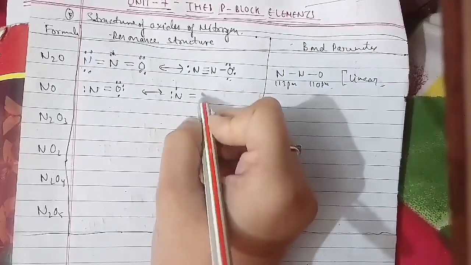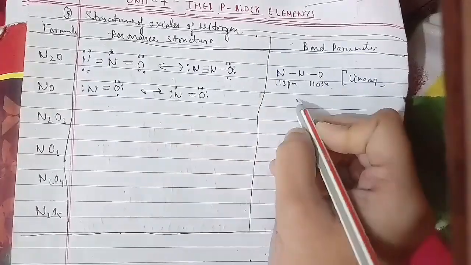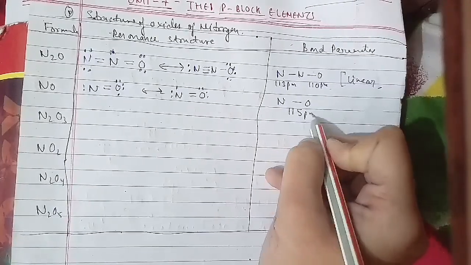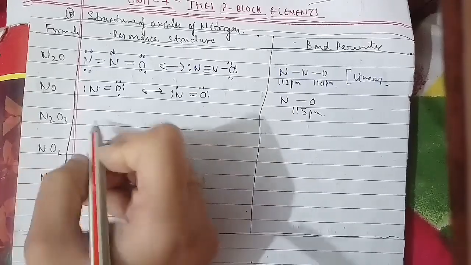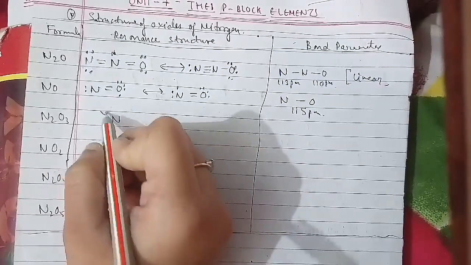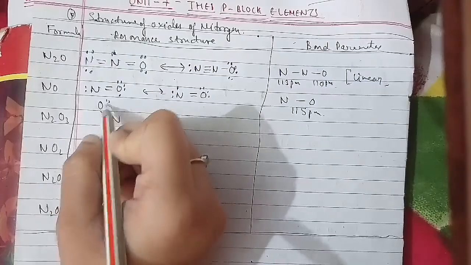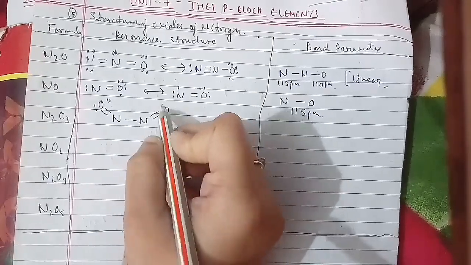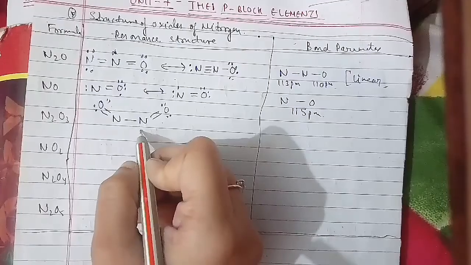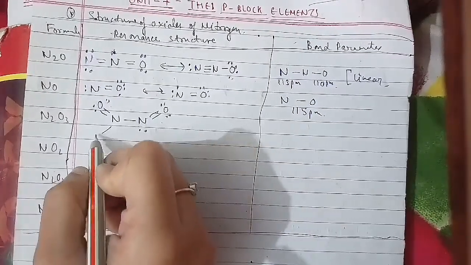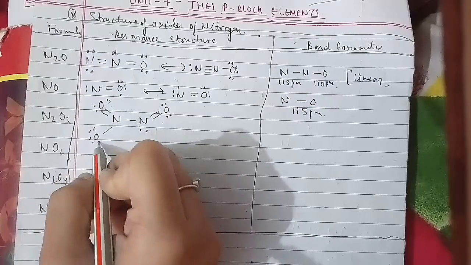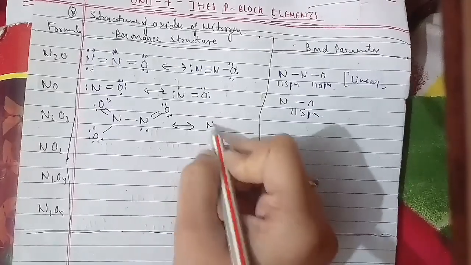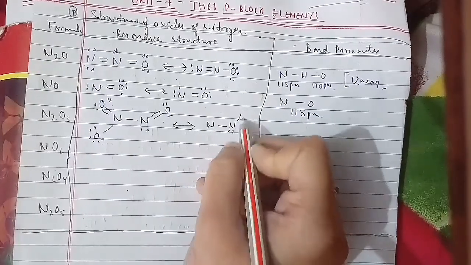For N2O3, it is N double bond O, bonded to N, with a double bond to O and another O bonded here.